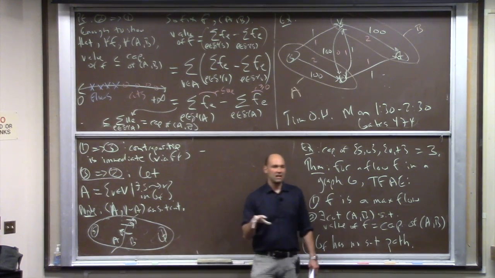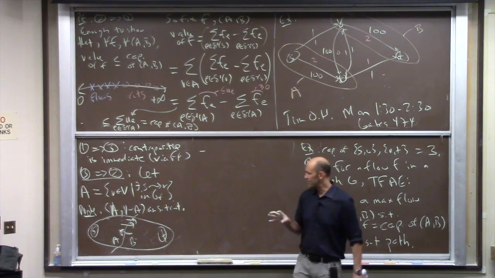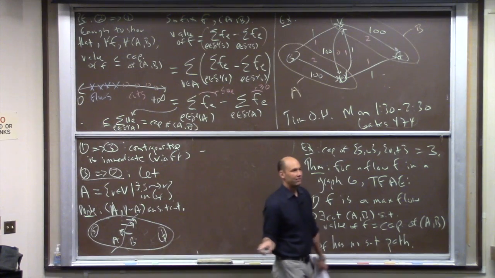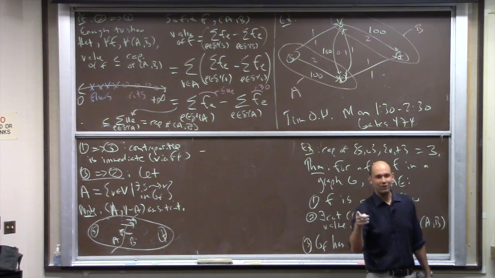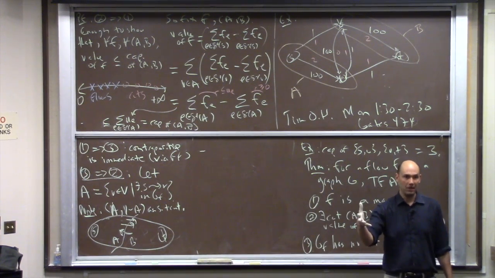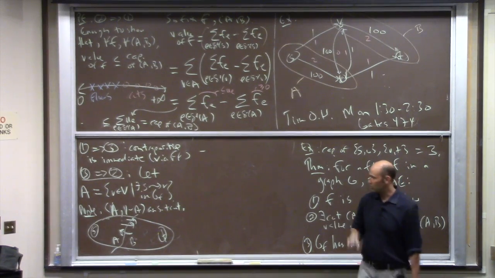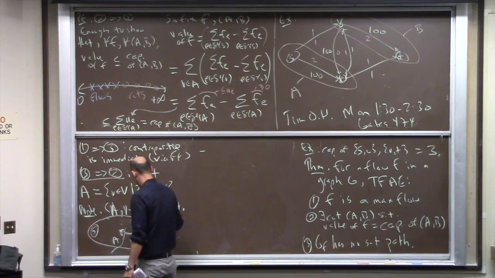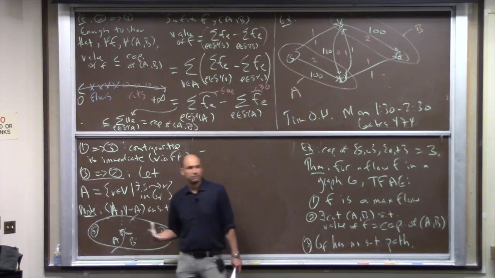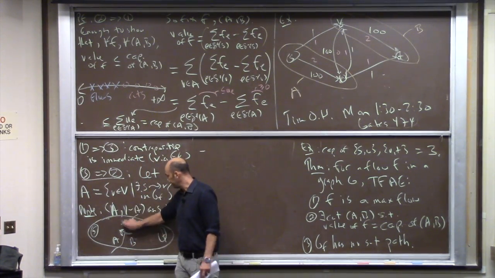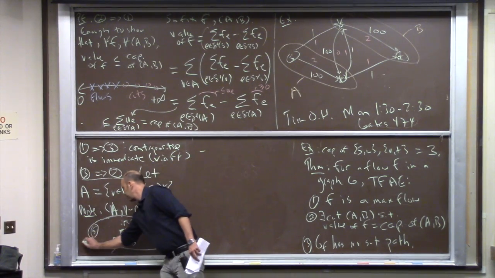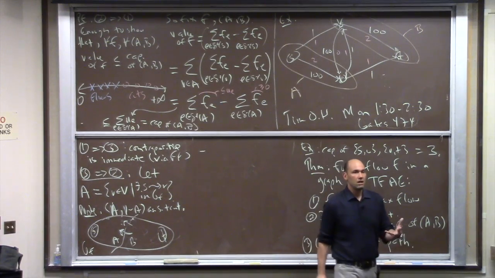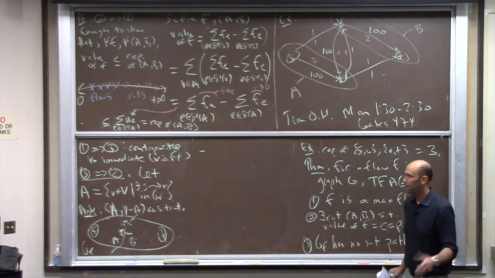We ran graph search out of S and we got stuck at A. If you got stuck at A, you're not going to see arcs like this leaving A, right? If there were arcs that went from A to outside of A, the graph search would have gone farther and A would be bigger. Okay? So this is a special cut where there cannot be any arcs sticking out of A. Okay? There can be arcs going backward, that's fine. So this is in G_f here, the residual graph, right? Because if there's anything going the other direction, A would have been bigger.